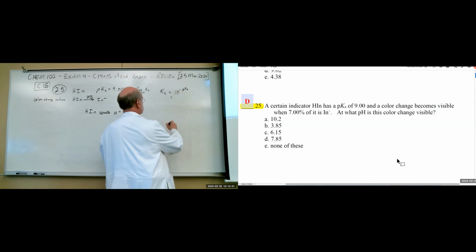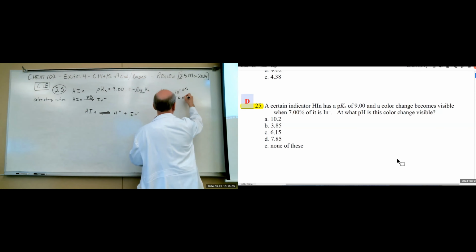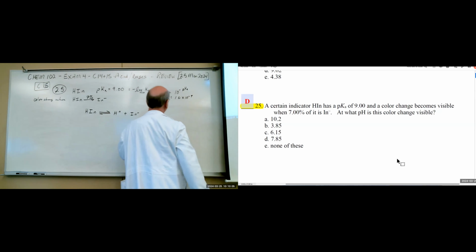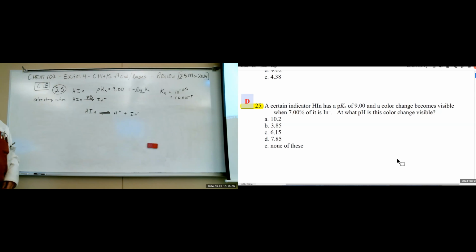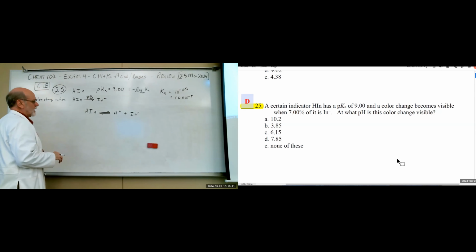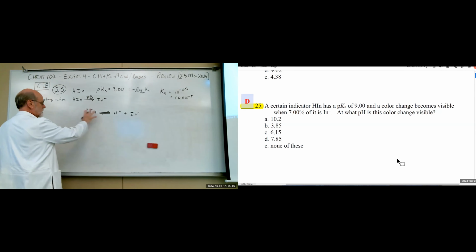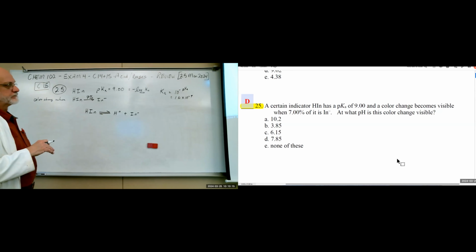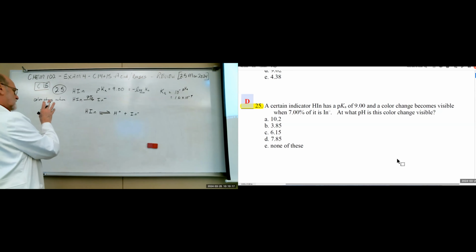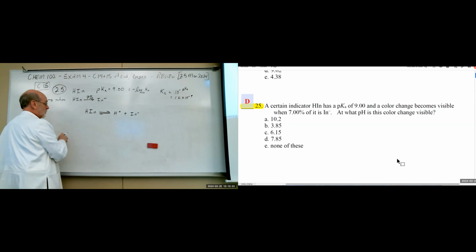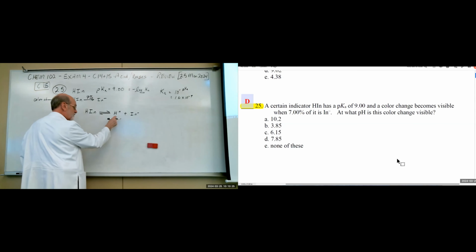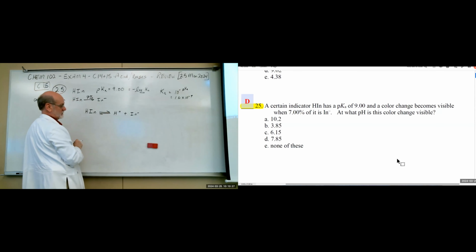Yeah, 1 times 10 to the minus 9. Correct? Yeah, that's right. Okay, now if we set up our ice table, we want to know at what pH is the color change visible. Well, we need to find out with that value right there.